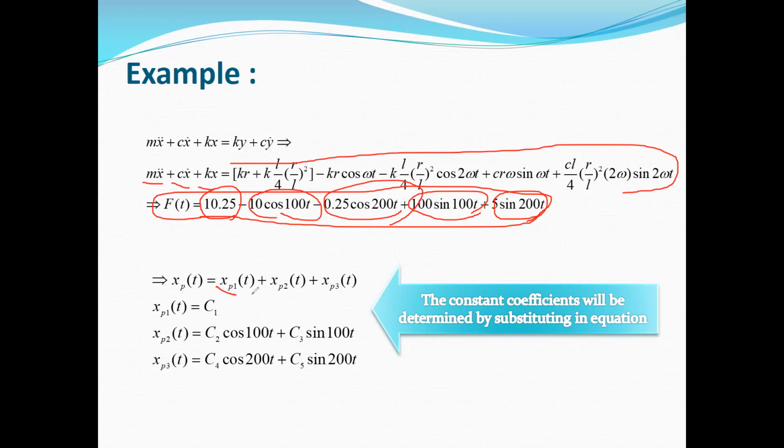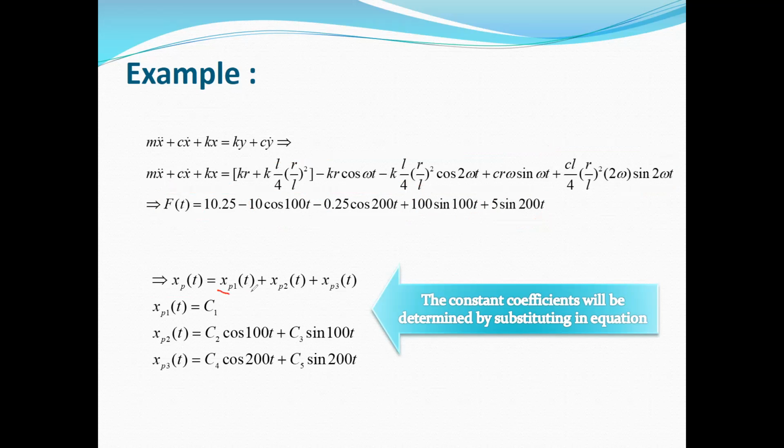The first particular response, xp1, for the constant part, xp2 which is for the first harmonic, cosine 100t and sine 100t, and xp3, the third part of the particular response, which is due to the second harmonic 200t. So the particular response for the constant part is a constant value C1.